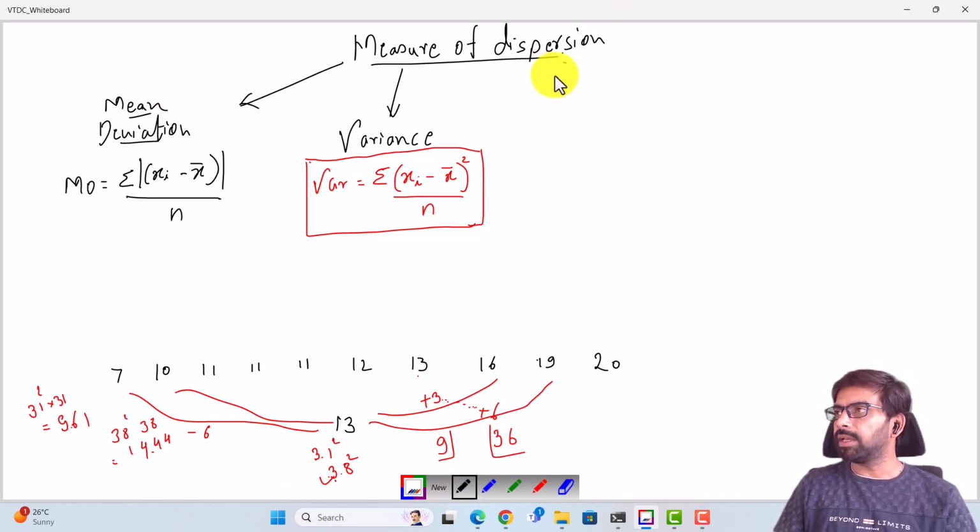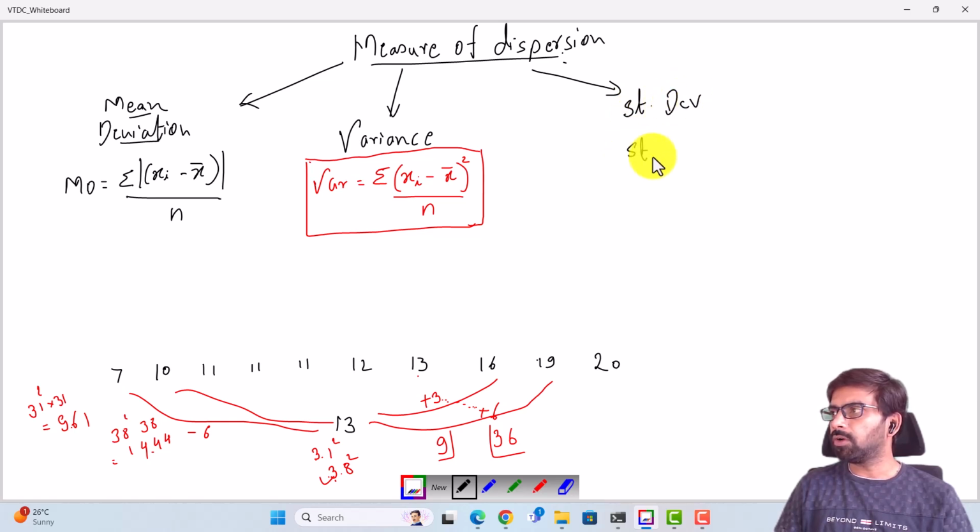And the next one, which is our standard deviation, is nothing but the square root of the variance.